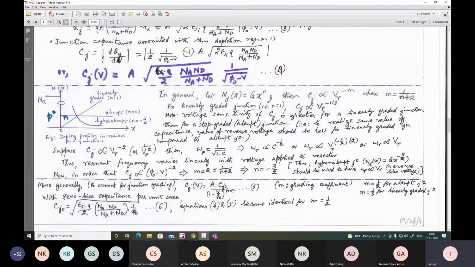Note this Cj0 is the zero bias capacitance per unit area. Please do not forget this per unit area; it will be denoted as microfarad per micrometer square or nanofarad per micrometer square. Here phi 0 is the built-in potential. Equation 4 and equation 5 will coincide for m equal to 1/2, or abrupt junction.